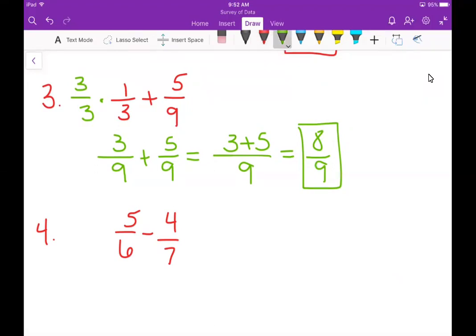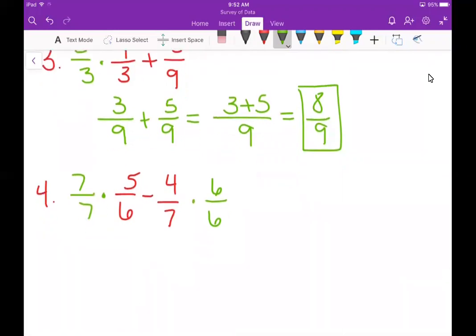In this particular case, the least common denominator would be 42. I need to take 6 times 7, and I need to take 7 times 6. When I do that, I get a common denominator. So you get that common denominator.